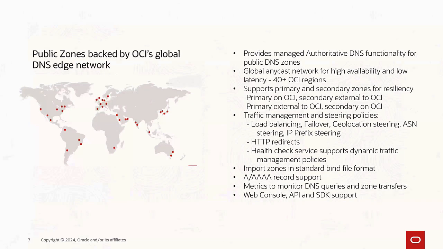So when we're talking about Oracle Cloud's public DNS solution, as I said, it spans all of OCI's regions, which are more than 40 at this point. We do support OCI as either a primary zone or a secondary zone, so you can implement advanced architectures. We have traffic management, and I have some more detailed slides on that. But we are able to control the traffic based on traffic management steering policies.